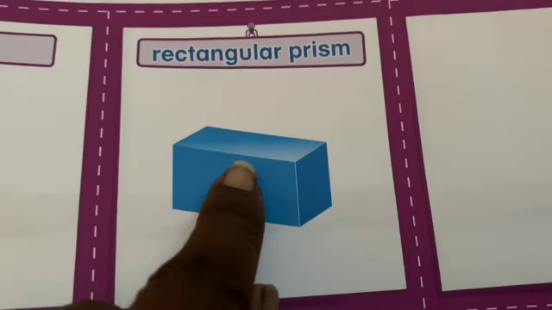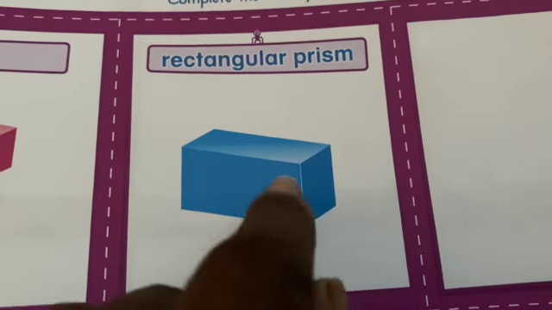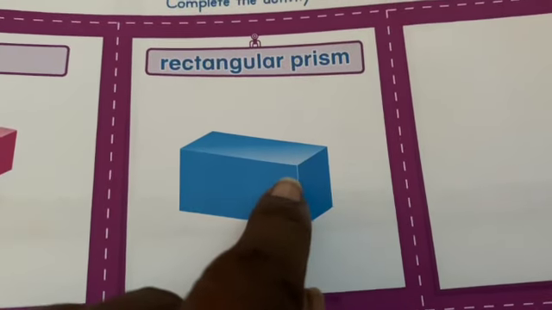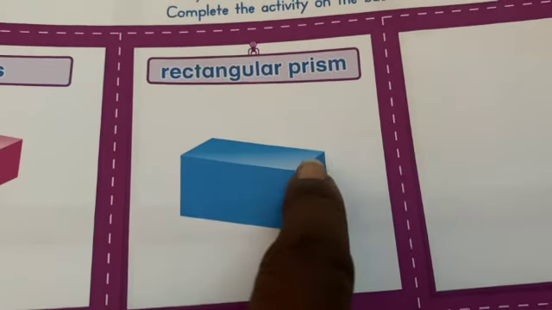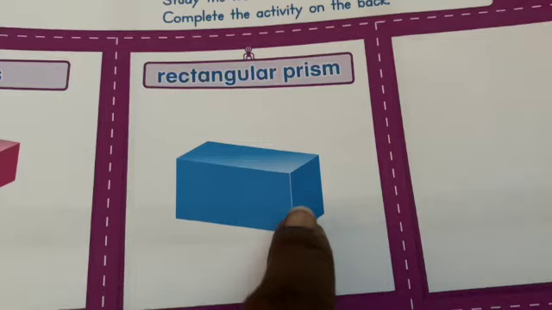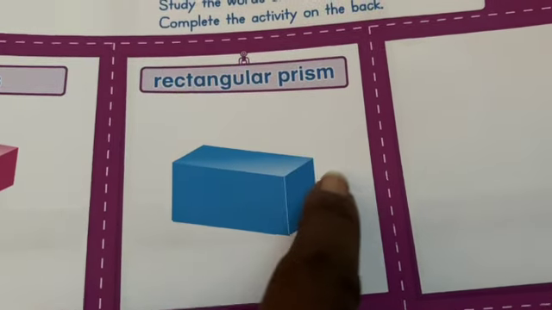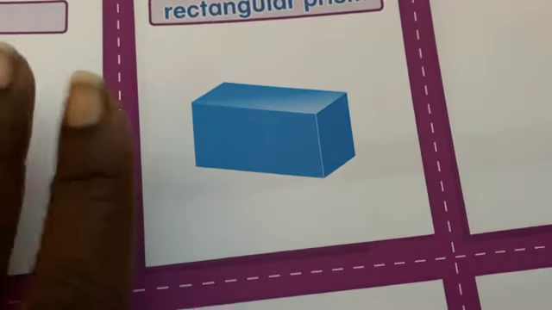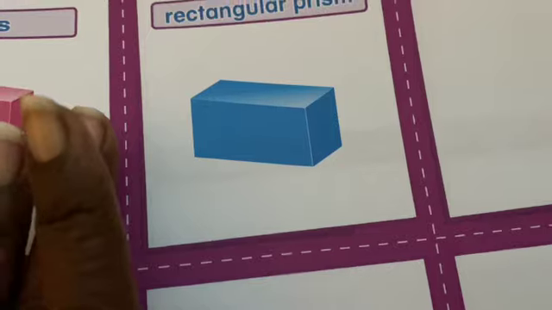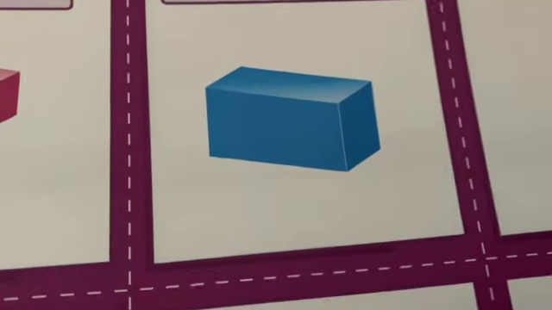It has, see, 1, 2, and then on the other side that you can't see, 3, 4, and then 5, 6, 7, 8, and then on that side again, 8, 9, 10, 11, 12. 12 edges for a rectangular prism. And then it has 8 vertices.